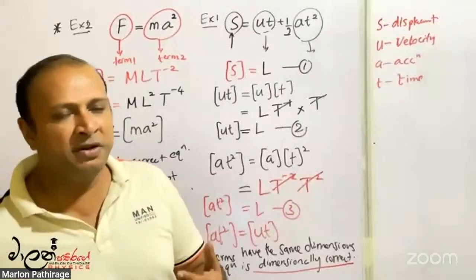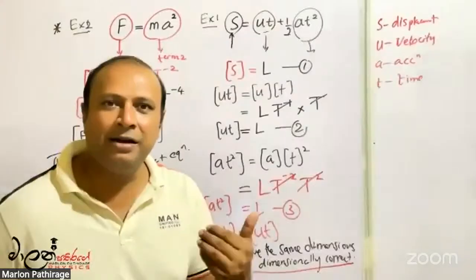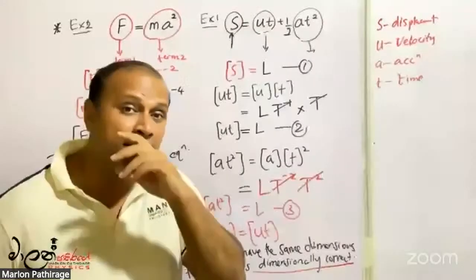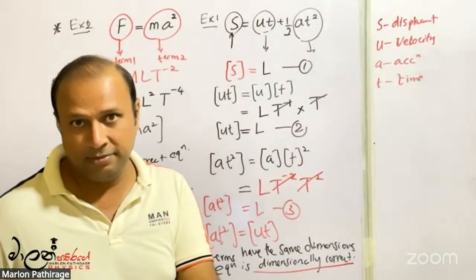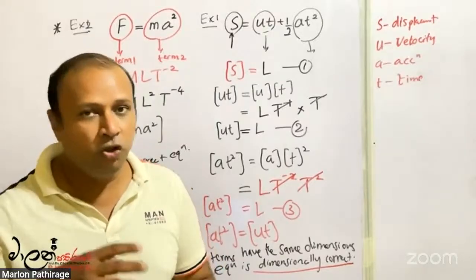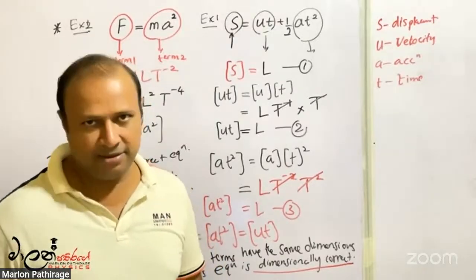Because for some physical quantities, especially angles, angles have a unit but they don't have any dimension. Angles have no dimension, but they have a unit. Therefore, unit and dimensions are two different things.